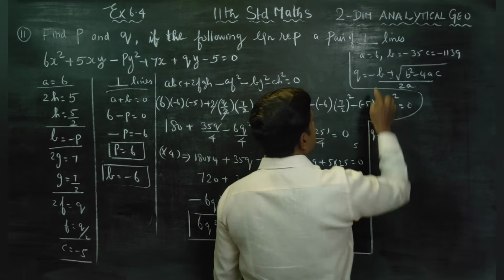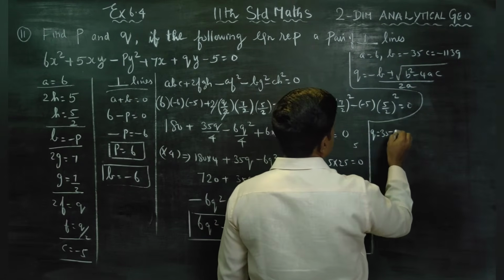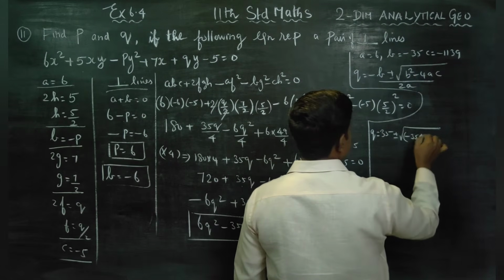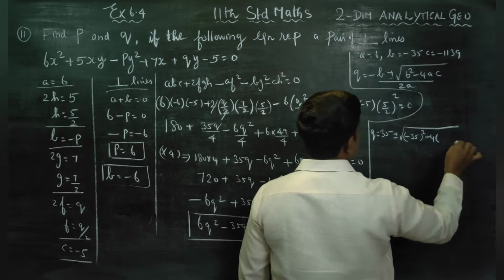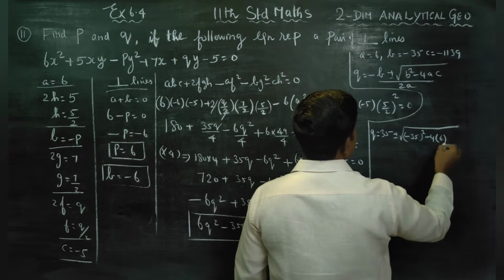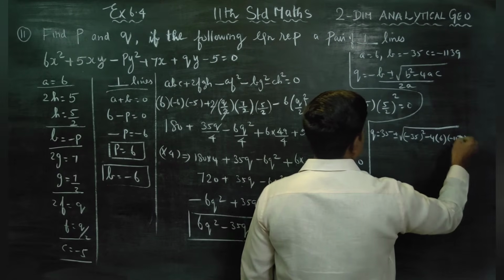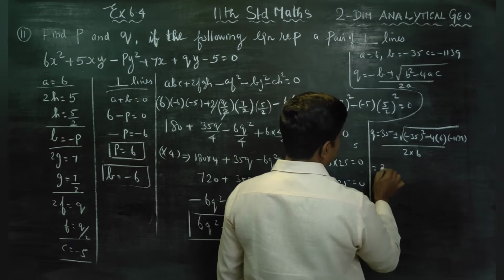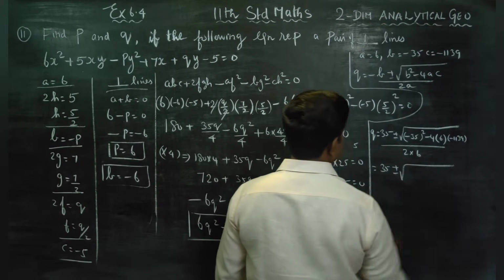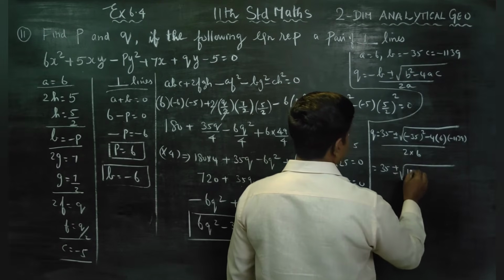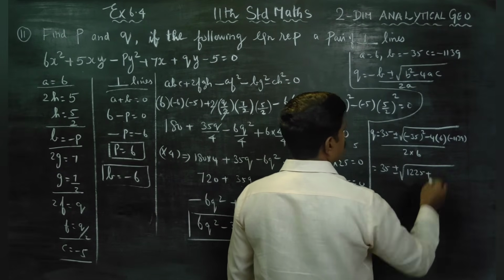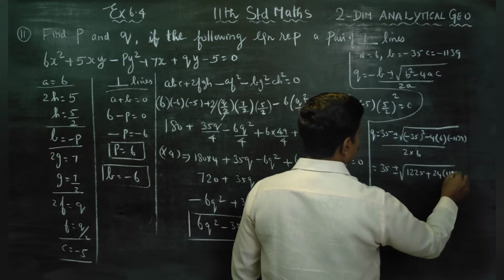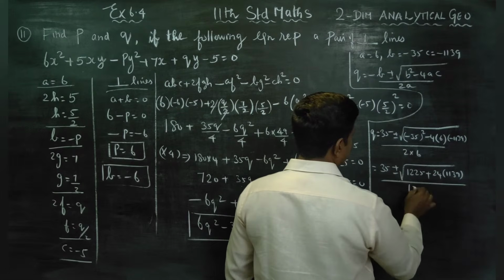Now Q is equal to minus B, which becomes plus 35, plus or minus square root of 35 whole square minus 4AC, where A is 6, C is minus 1139, all divided by 2 into A, 2 into 6. 35 into 35 is 1225. Then minus into minus becomes plus 24, 6 4s are 24, into 1139, all divided by 12.